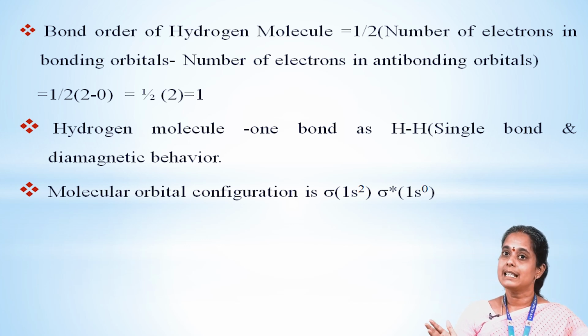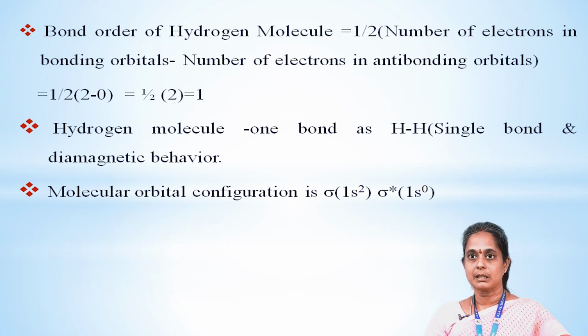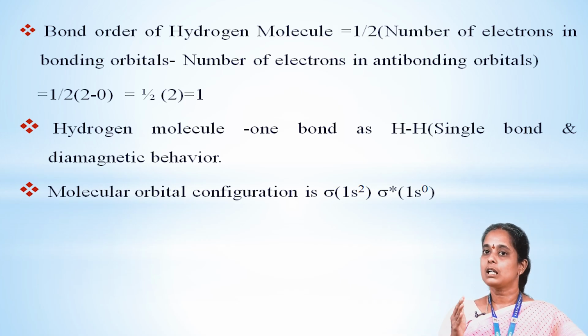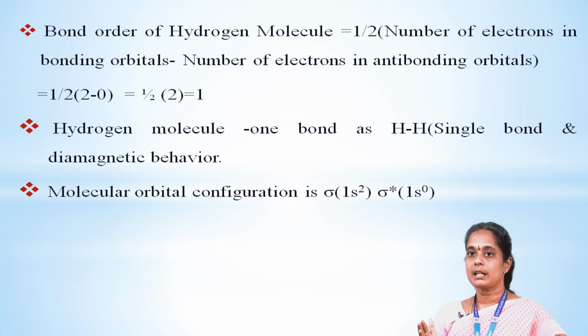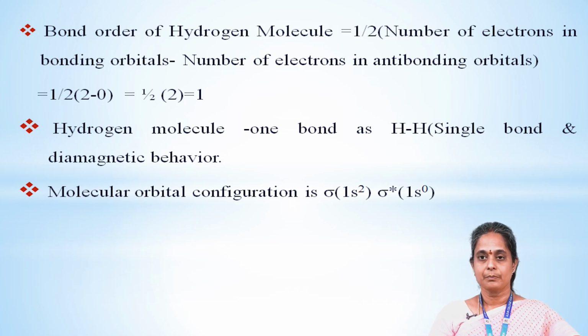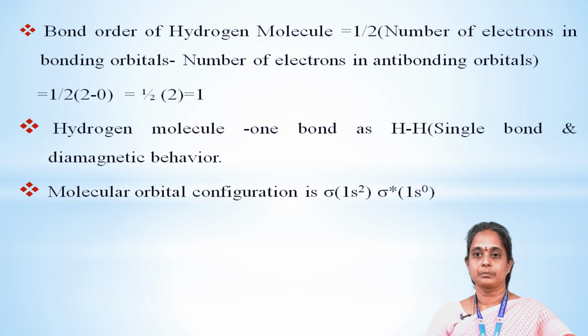Thus, both these electrons go to the lower energy bonding molecular orbital, and the anti-bonding molecular orbital remains vacant. The bond order of the hydrogen molecule is half into the number of electrons in the bonding orbital minus the number of electrons in the anti-bonding orbital. So, half into 2 minus 0, that is, bond order is equal to 1.